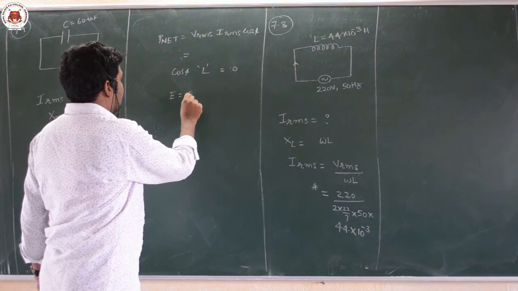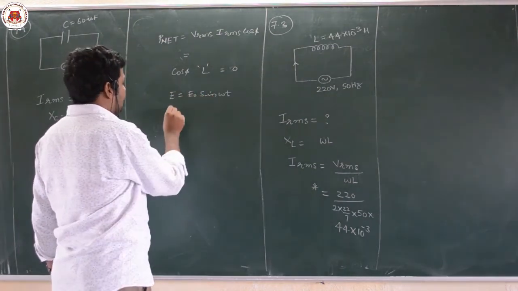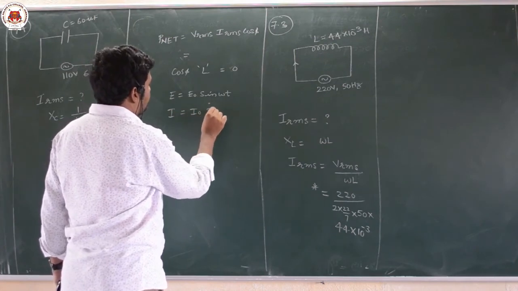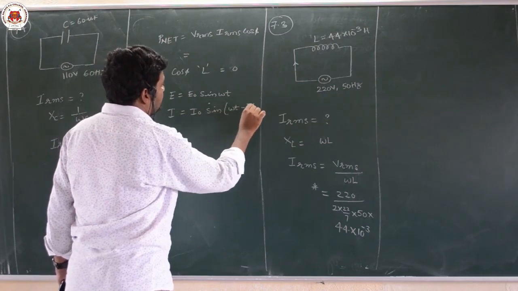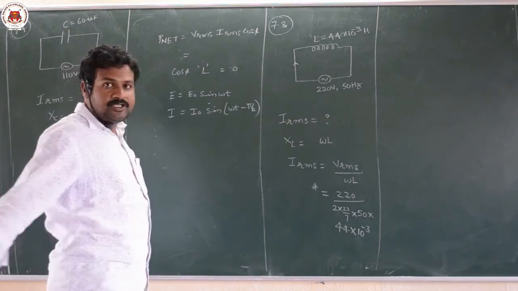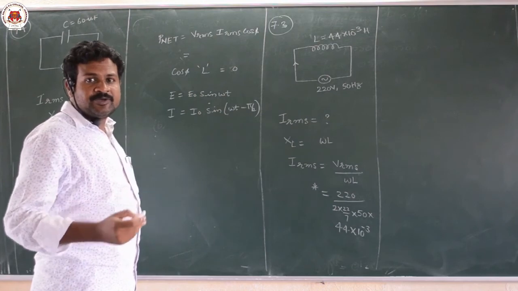The cos phi value for inductor will be 0, because the applied EMF is E naught sin omega t, but the current you get is I equal to I naught sin omega t minus pi by 2. That means phi is 90 degrees, cos 90 is 0. So in inductor current lags behind EMF.